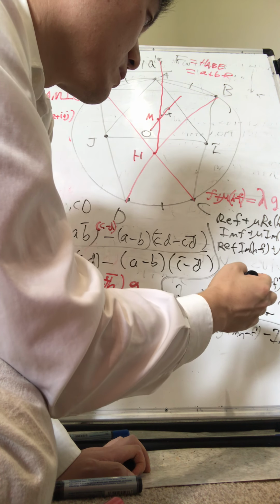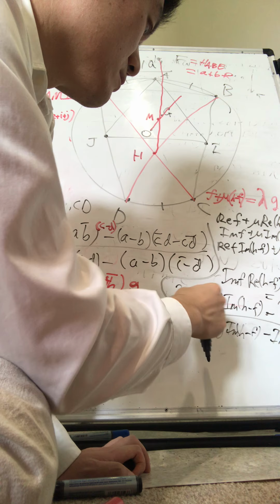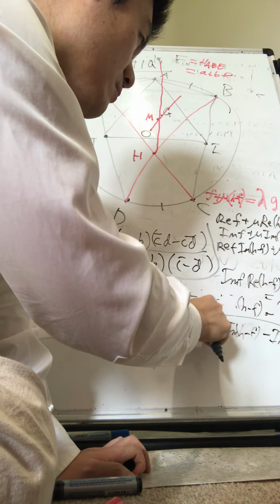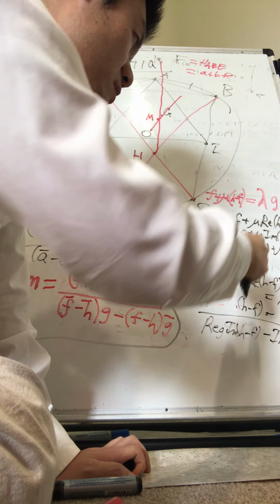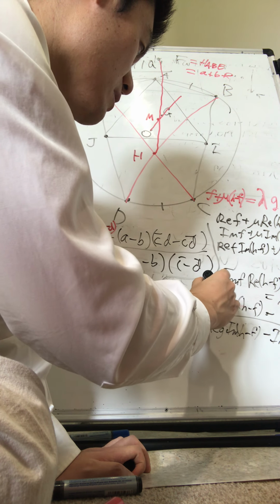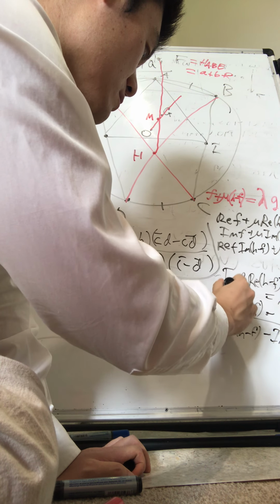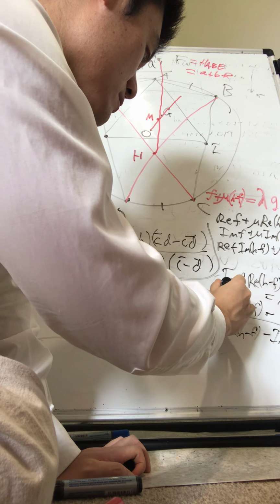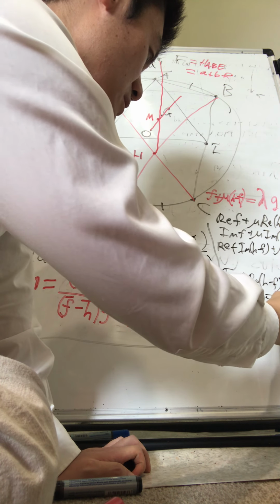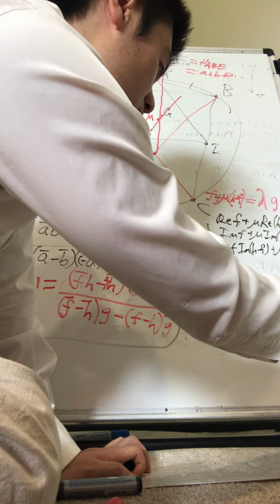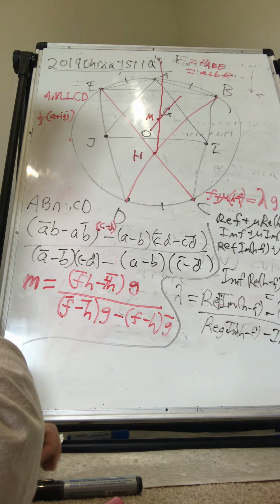Wait, did I do it the wrong way around? I think so. Imaginary f. I'm doing 1 minus 2, yeah? So it's imaginary, wait, what is 1? 1's this one. Sorry. Minus imaginary f real h minus f, yeah? Okay.